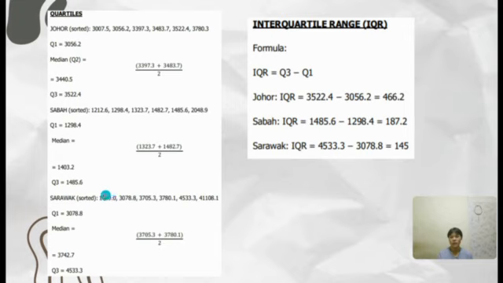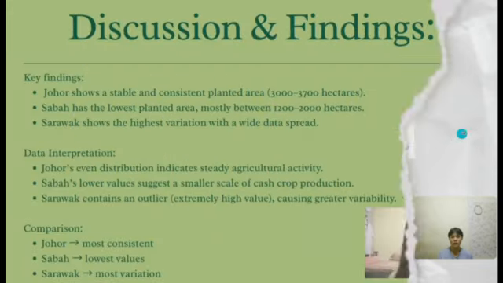And for Sabah and Sarawak, we also do the same. Okay, the next one is the interquartile range, or IQR. The formula for IQR is Q3 minus Q1. And for Johor, Sabah, and Sarawak it is the same formula.